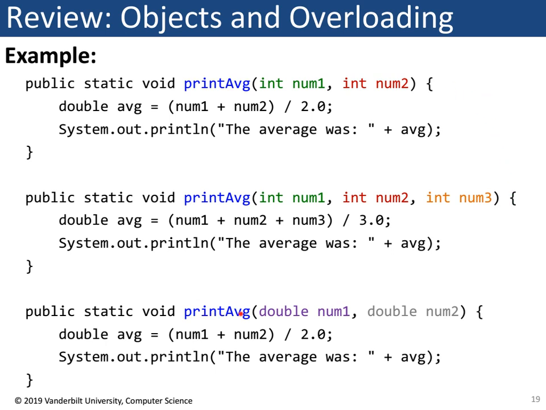This bottom version of printAverage uses 2 parameters, so Java couldn't use the number of parameters to tell it from the first printAverage method, but the type of parameters is double. So Java would be able to use the parameter types provided when you call the method to know which of these two you intended to use.